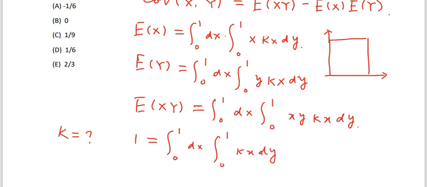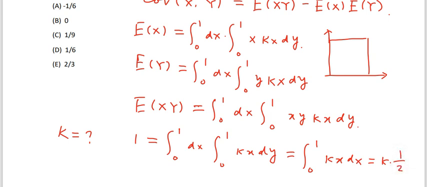So let's find this integration. Here the integral of kx dy is just kx, so then kx dx. This equals k times the integral of x dx, which is half.